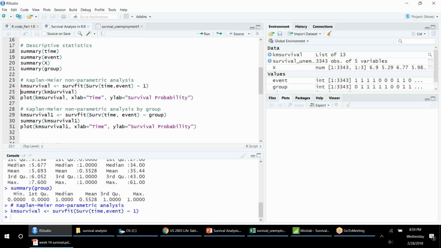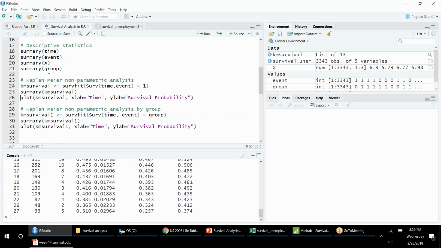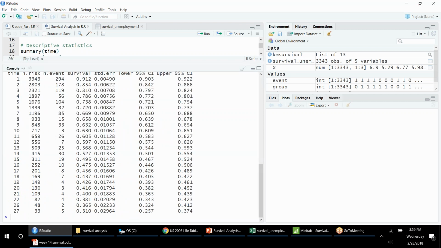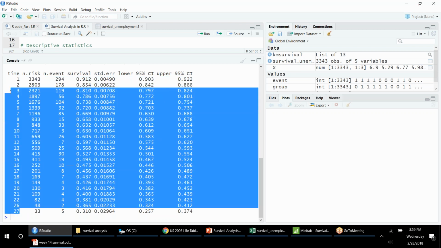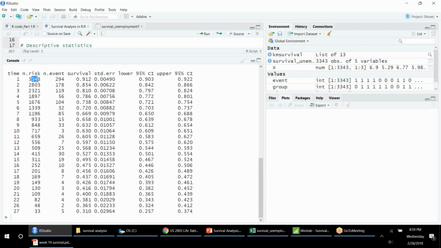Now the result I have got is saved under KM survival, Kaplan-Meier survival analysis. So when I do summary of that, I get that probability information. So time to interval, it is ordered in ascending order. So 28 months. Risk, these are the subjects.